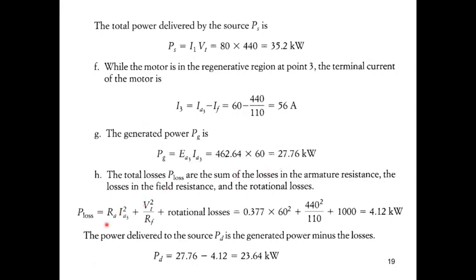So simply the losses are R armature multiplied by I armature squared plus the field losses, which will be V terminal squared divided by RF, plus the rotational losses, which is given as 1000 watts. So we can calculate the losses here, which is 4.12 kilowatts. Then the power that's going to return to the supply will be the generated power we calculated minus the lost power. So this power will be 23.64 kilowatts.